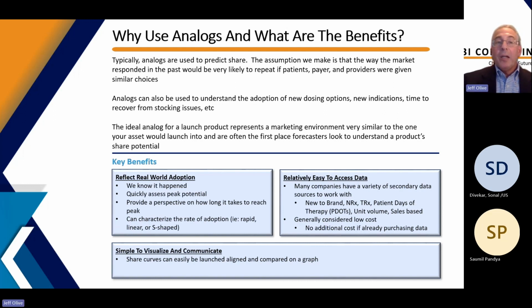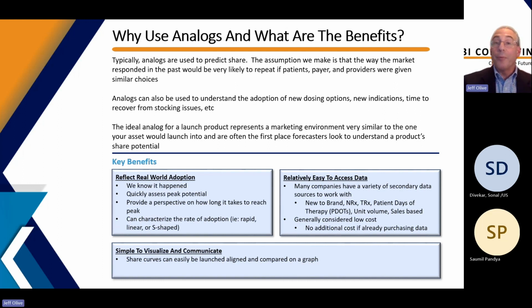Once you look at the data, it's also easy to understand some of the key things we want to understand. The peak potential jumps out at us pretty quickly. The time to peak jumps out at us pretty quickly. And we can also look at the rate of adoption, whether it was a pretty rapid uptake, more linear, or perhaps an S-shaped curve. So they're great to work with.